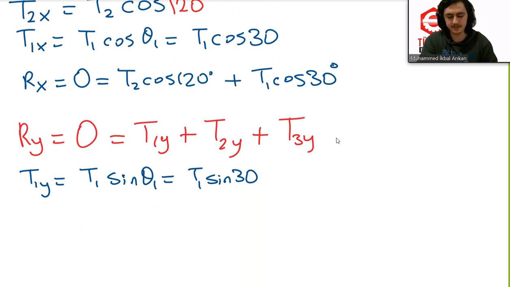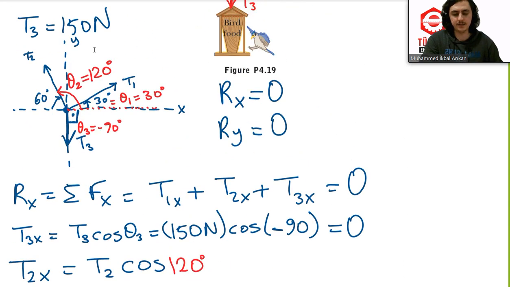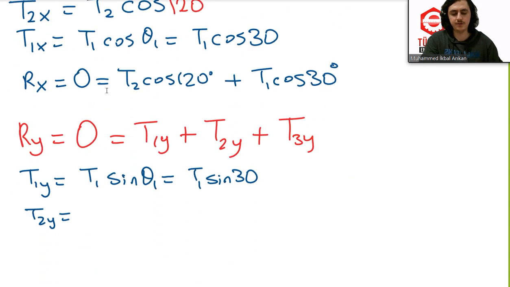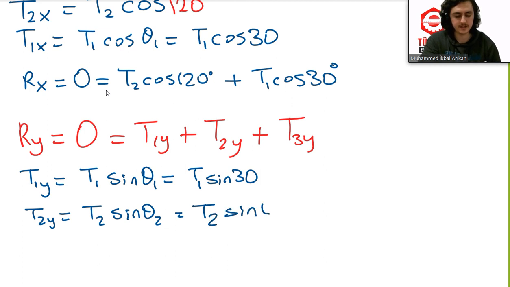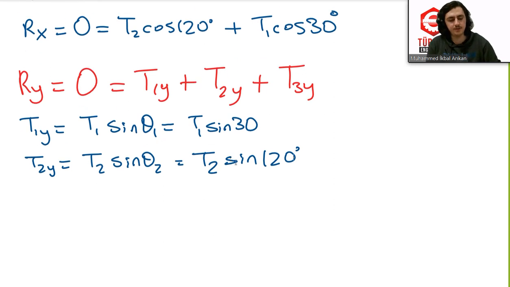So I will put like this. What about T2y? The second angle here is just 120, so it will be T2 times sine 120.